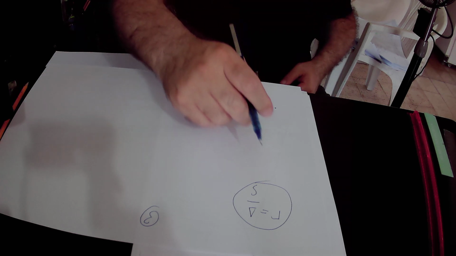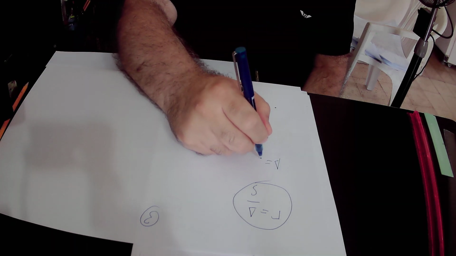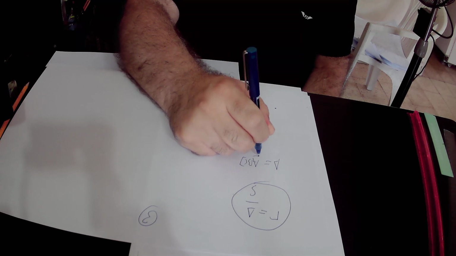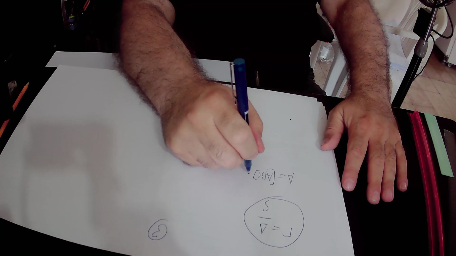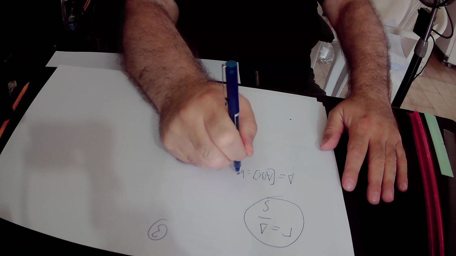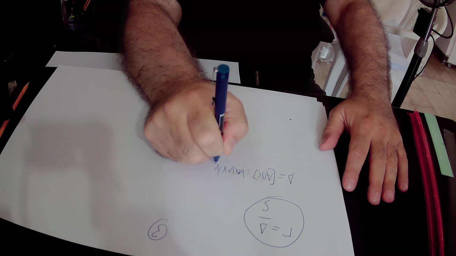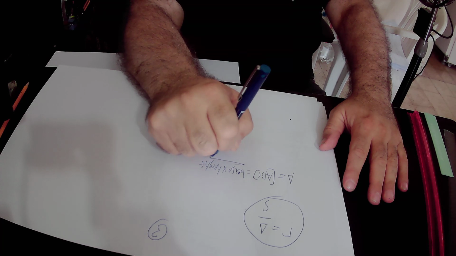So we have to find out the area of triangle ABC. And the area of triangle ABC equals the base of the triangle times the height to the base over 2.